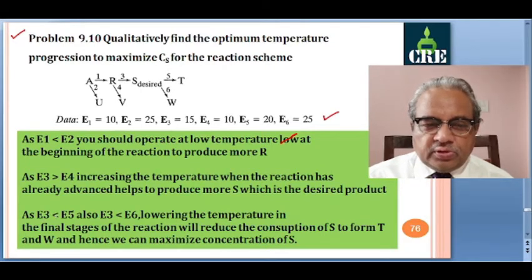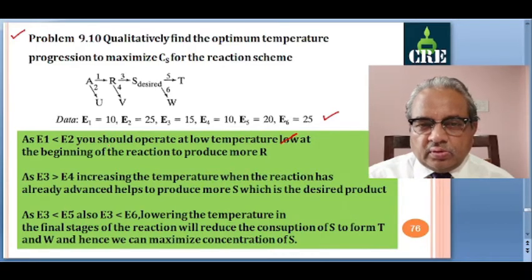So here E3 is less than E5. Similarly, E6 is forming W, and E3 is also less than E6. So we want to suppress this.